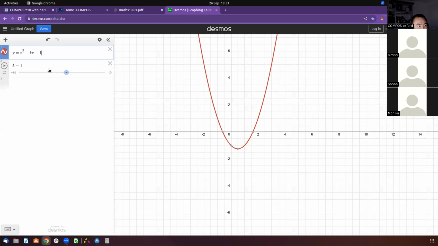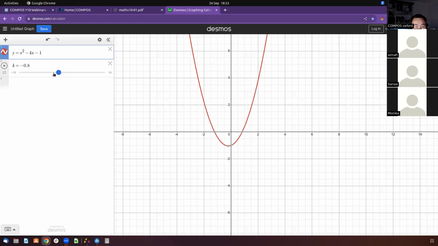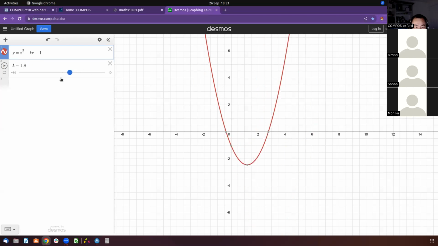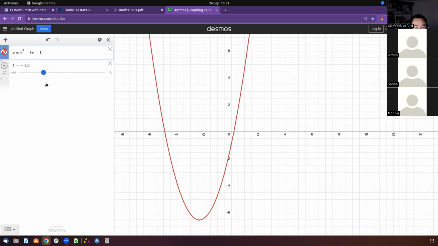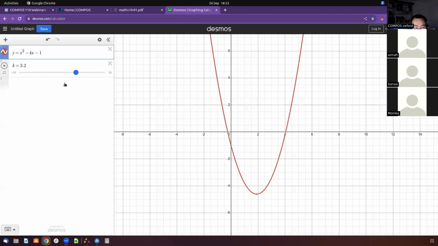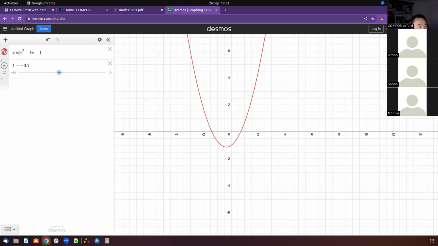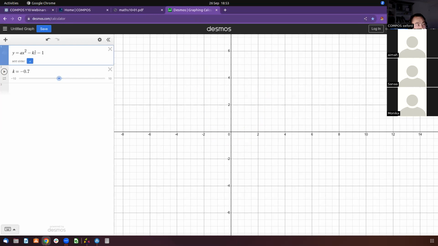So yes, k is a parameter, and look what happens if I change this parameter. If I change k, the parabola changes, right? We can have 3 parameters. We can have a x squared plus bx plus c.